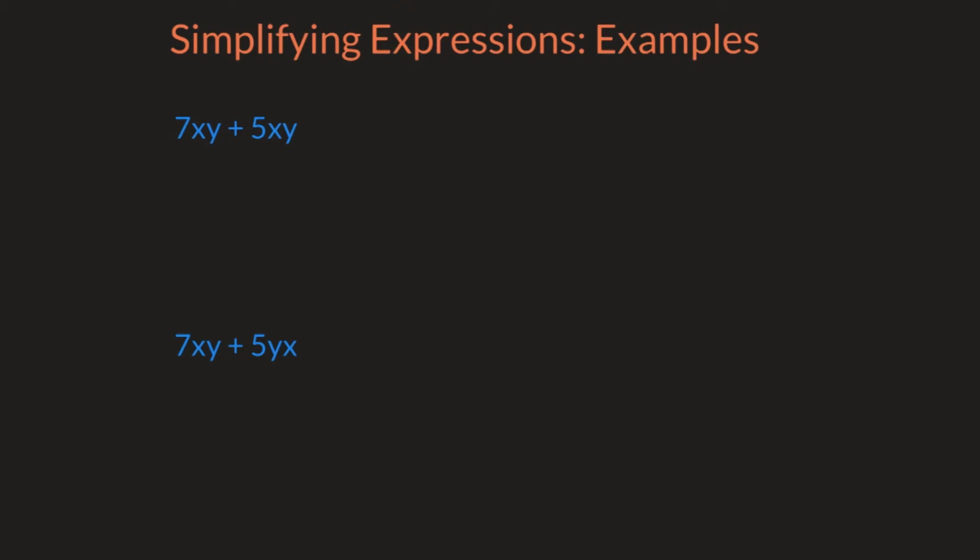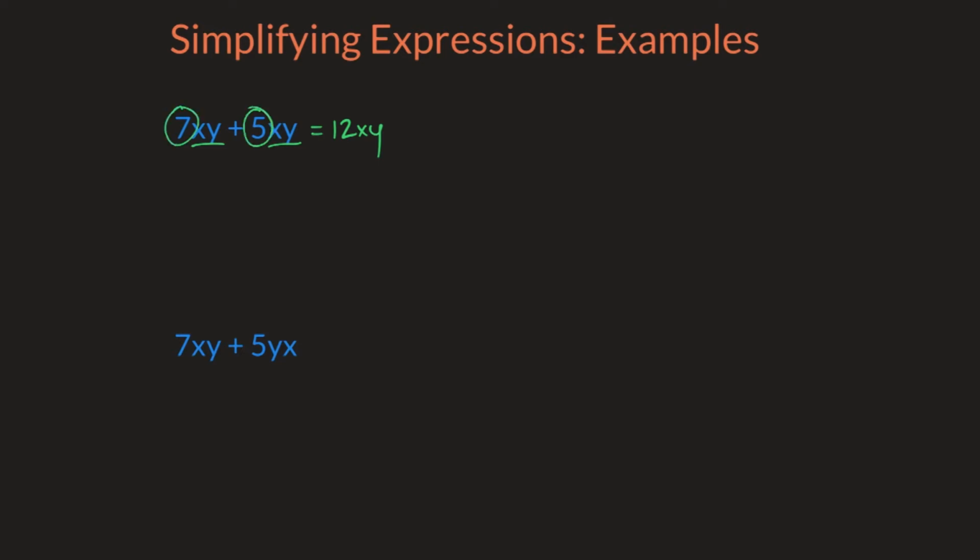Say 7xy and 5xy. xy represents the same thing in both terms, so if you have 7 of something and add 5 of that same thing, you get 12 of that thing. Essentially, we are just combining the coefficients.